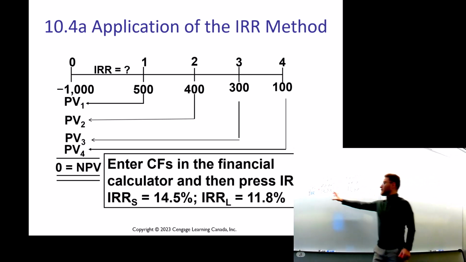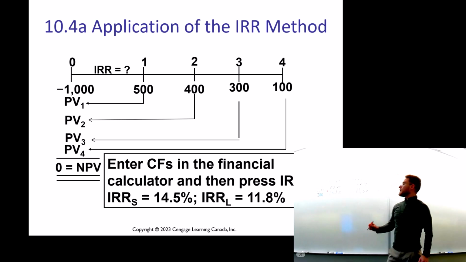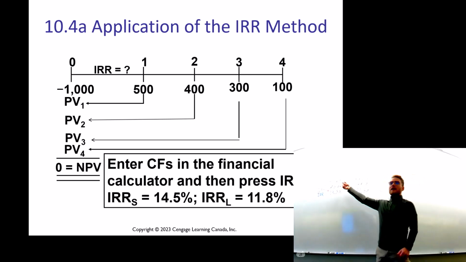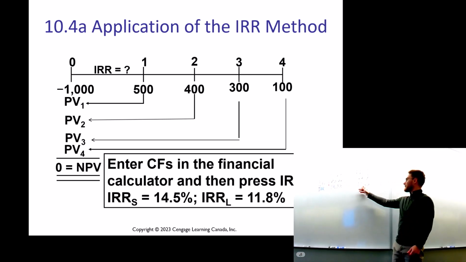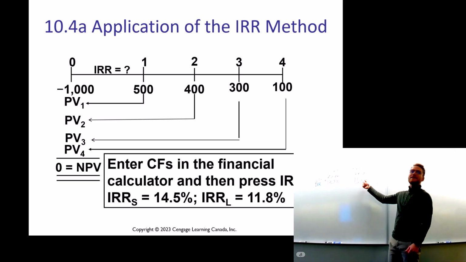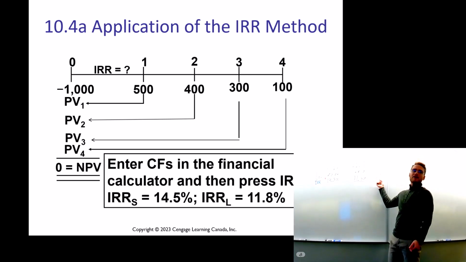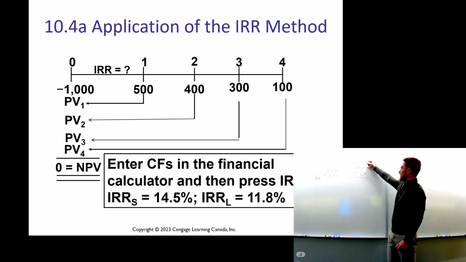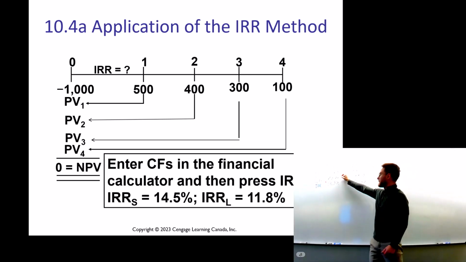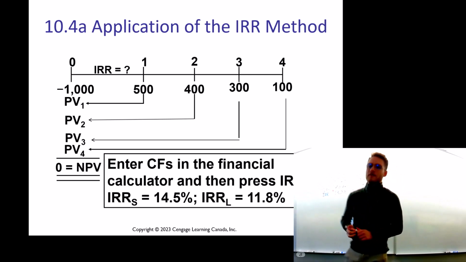The difference between the two is the amount that increases the value of the firm. This works for both because my IRR, even though it's lower for project L, is still above the 10% cost to finance the project. So this one is also still a positive NPV, but project S is better because it has a higher value in today's dollars.